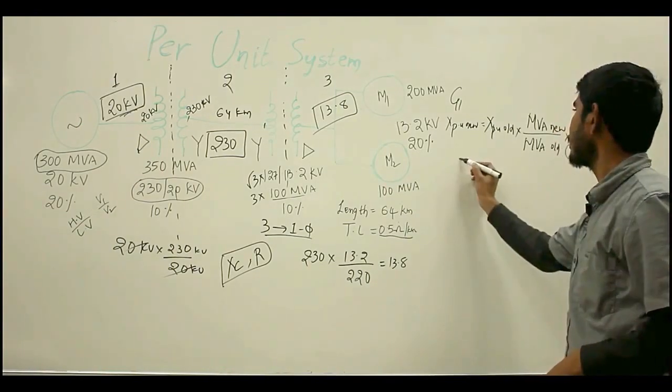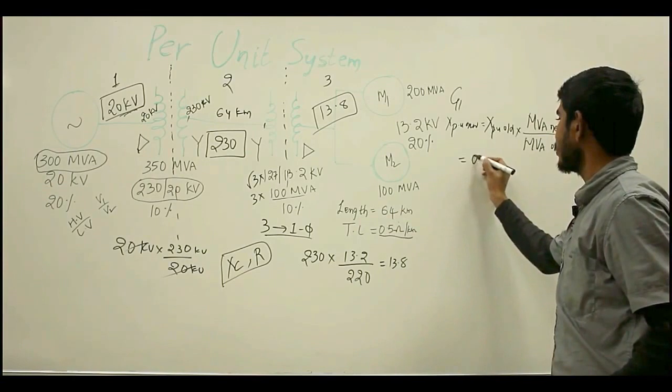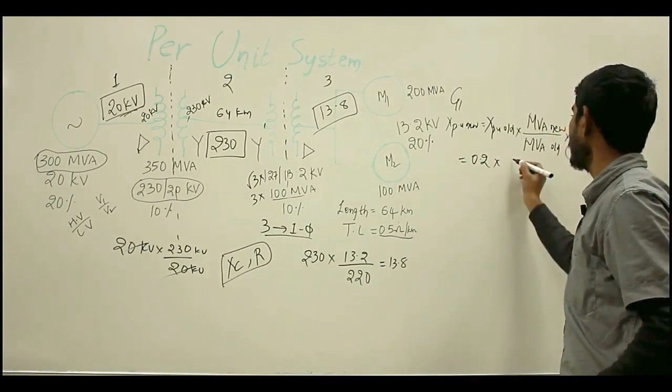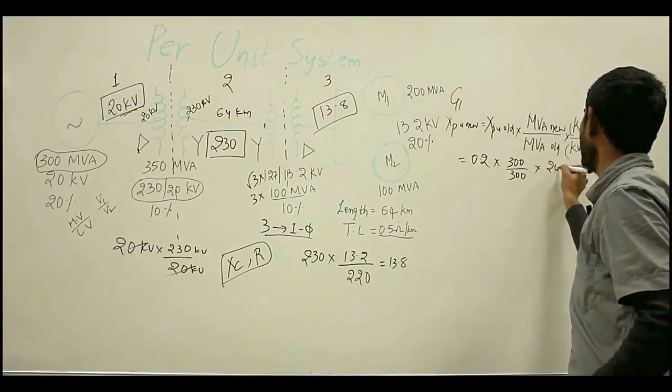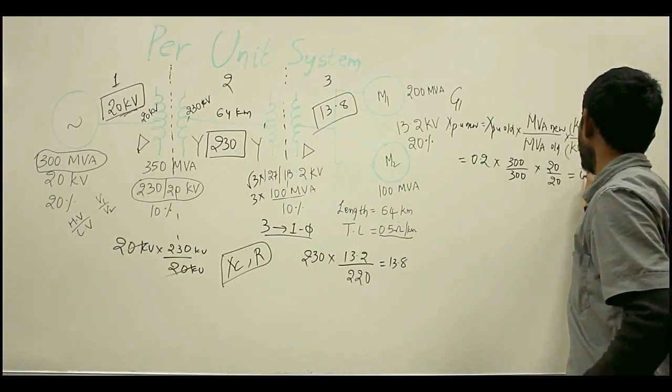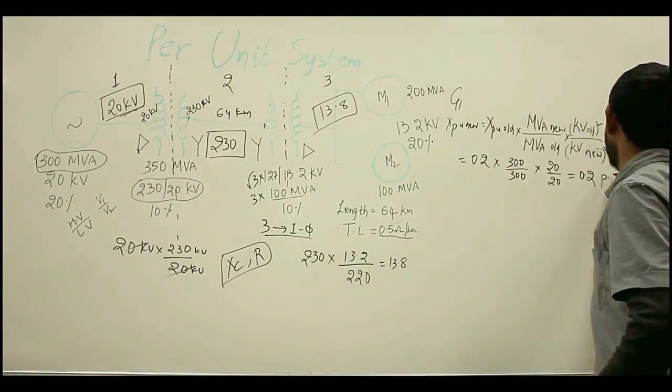So if I calculate for the generator G1, x per unit old is the given value, 0.2, into MVA new 300 upon 300, into 20 upon 20. So this will yield 0.2 per unit.